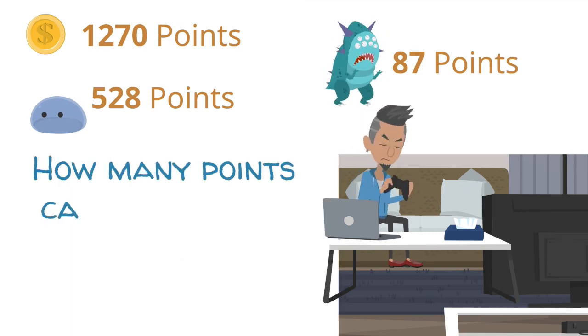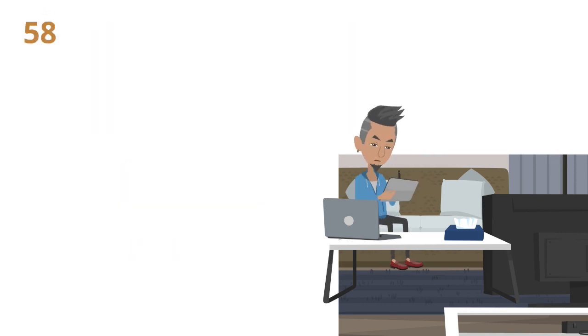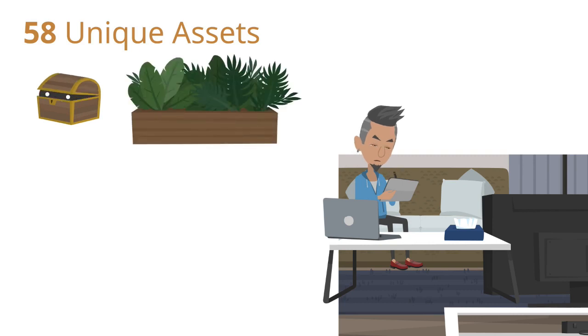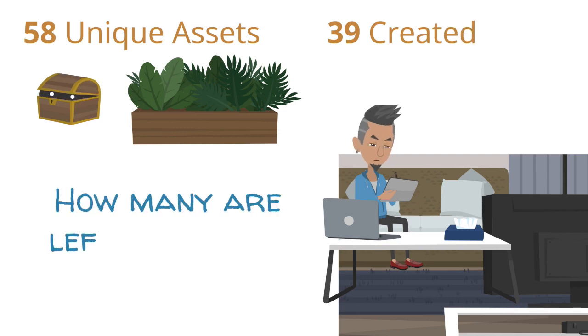How many points can you earn in total? This level has 58 unique assets, from monsters to the environment, that must be created. Van's team has finished creating 39 of them. How many are left to create?